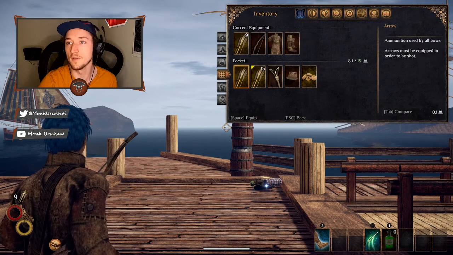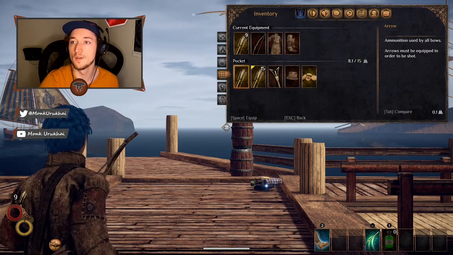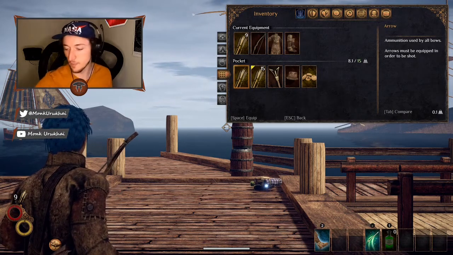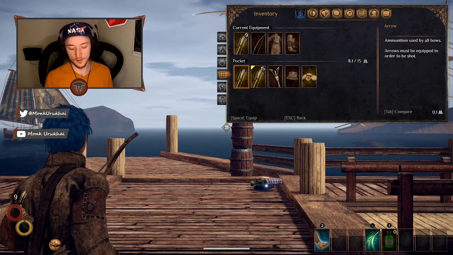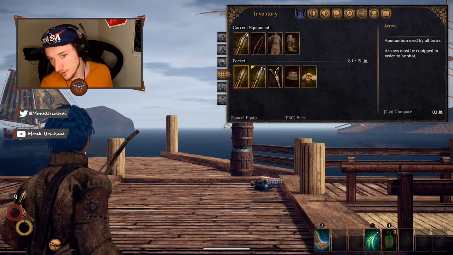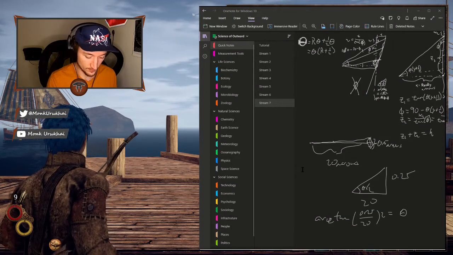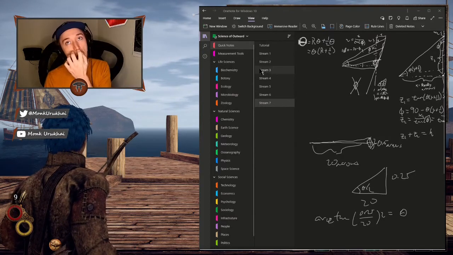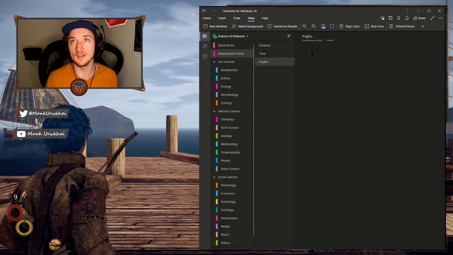0.25 over 20 times 2 is equal to theta. Let's bring out the handy dandy calculator. Oh, I didn't even show you the notebook. There we go. That whole thing times 2 is going to be 1.43 degrees. Now, if you recall from last time, that's actually kind of what I was saying this was going to be.